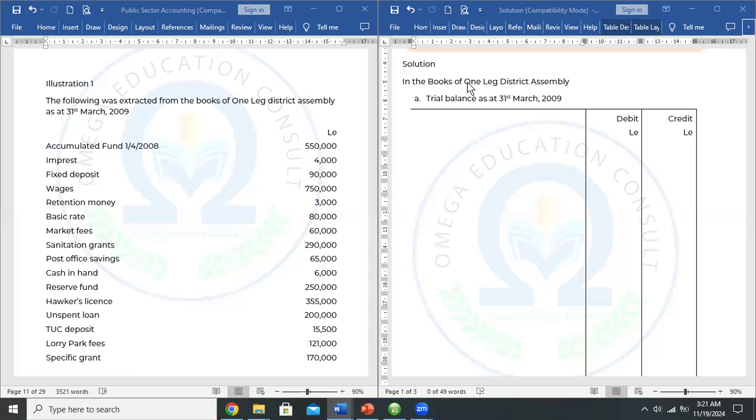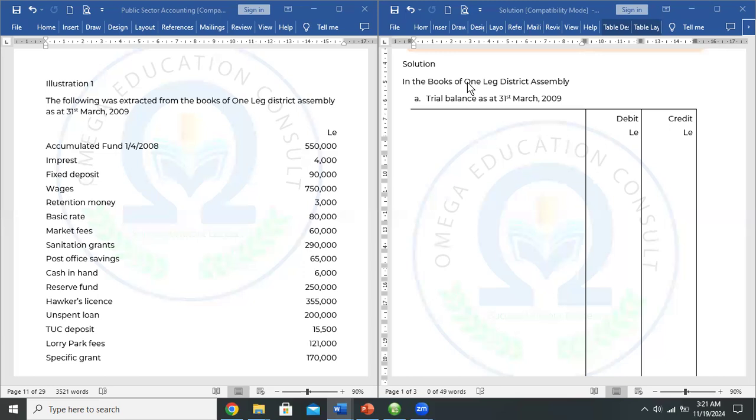But in terms of its specific nature, when you see an accumulated fund, listen to the name, accumulated. It's like something that you have been collecting over time, right? Or piling up over time. Fund refers to a sum of money.